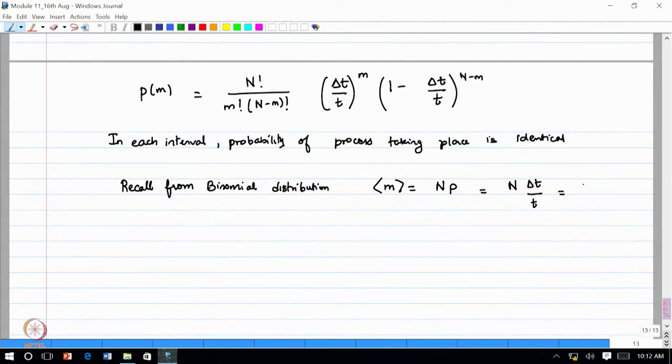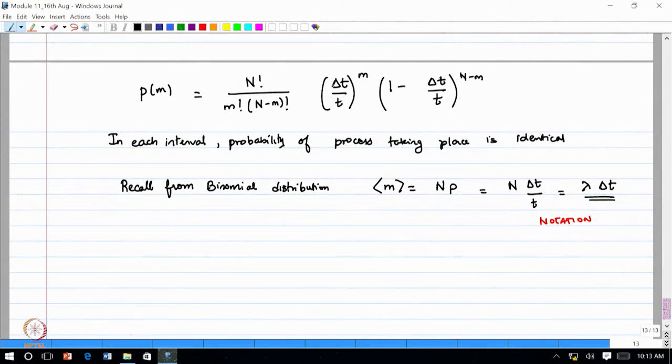We will call this lambda times delta t, where lambda is n by t. This is a notation. So your mu, or average value of m, is lambda times delta t.